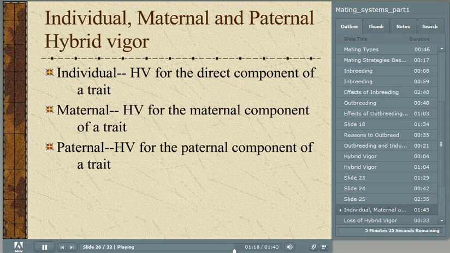In sheep, we see some of the same idea, and in pigs as well, where we get in sheep a higher incidence of twins and triplets, and in hogs we get a higher number of piglets produced at an individual farrowing. But we don't deal with this a lot, and we don't try to evaluate it very much in our livestock species, other than that instance.